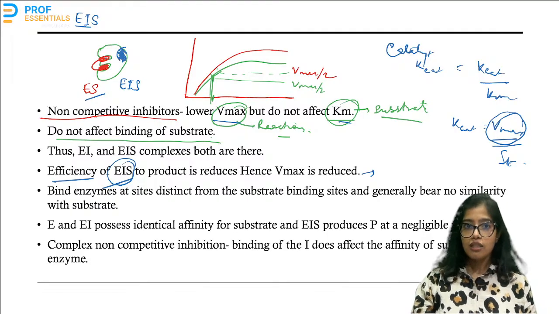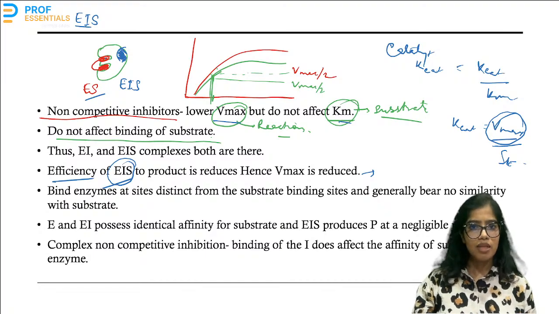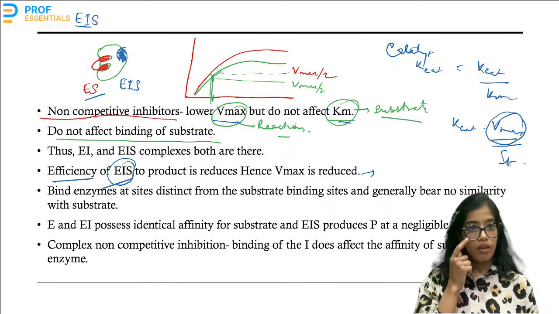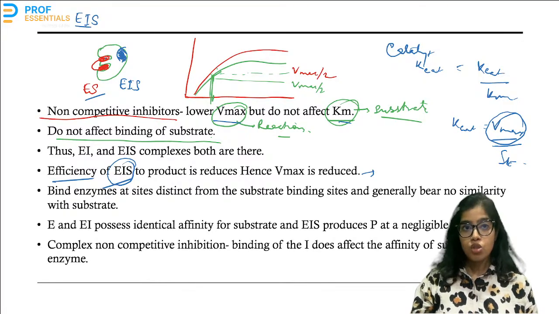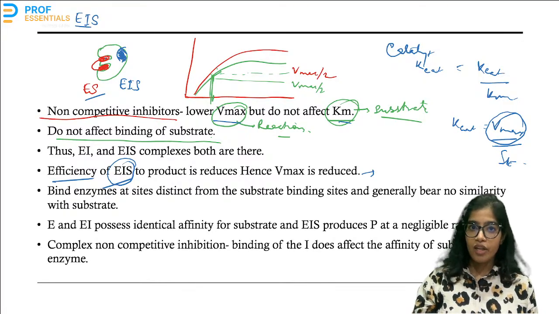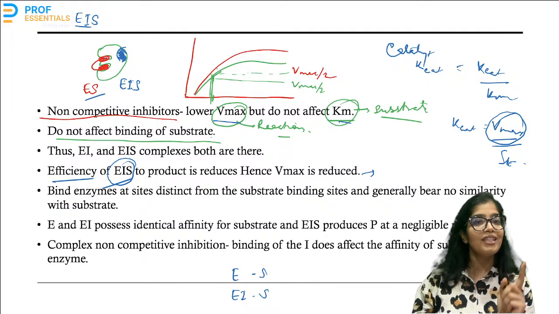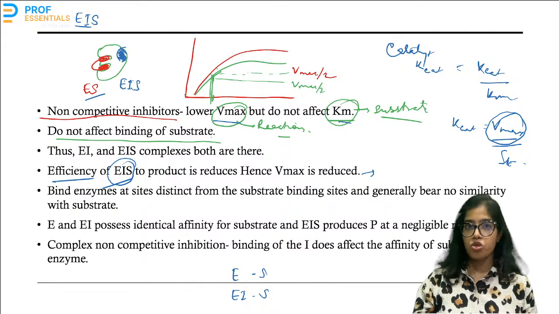The binding site for this inhibitor does not bear any similarity generally to the active site where the substrate binds. Now also one very important thing is that the affinity of the enzyme for the substrate and the affinity of the enzyme-inhibitor complex for the substrate is identical. That is, non-competitive inhibitors do not affect the affinity of the enzyme to the substrate.